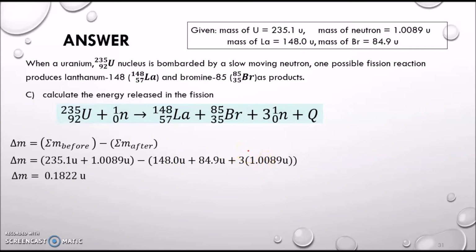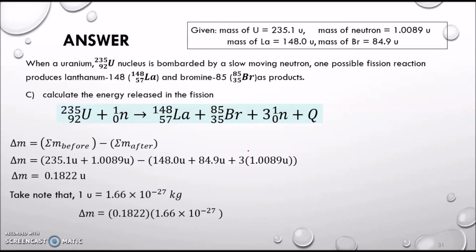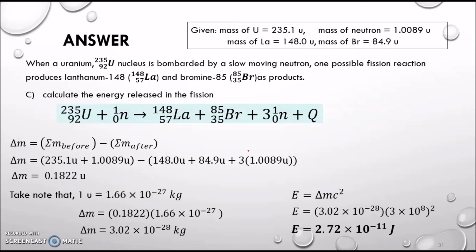Then we will get delta M equal to 0.1822 u, convert it into kilograms, and then substitute into the equation E equals delta M c squared. So the answer will be 2.72 times 10 to the power of negative 11 joule. So this is the energy released during the reaction, also known as Q.